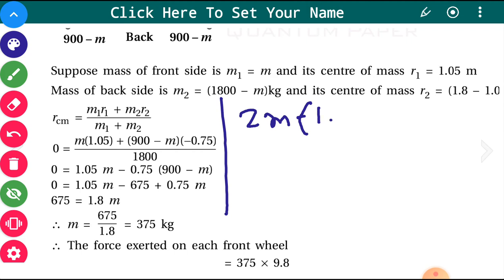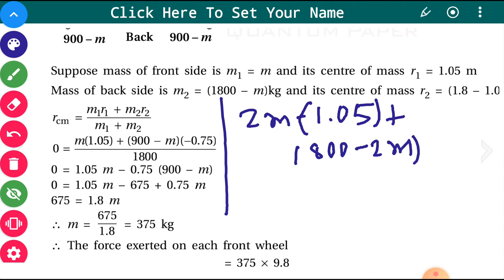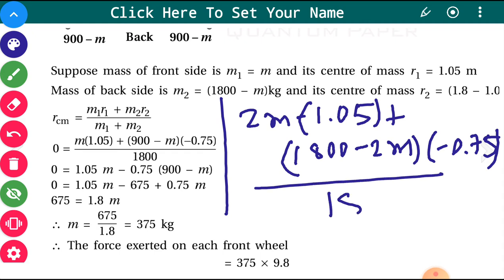R1 is 1.05, plus the other one is 1800 minus 2m, and its coordinate is minus 0.75, divided by the total mass, that is 1800. RCM is taken at the origin, so it becomes 0, and 1800 multiplied by 0 will become 0.